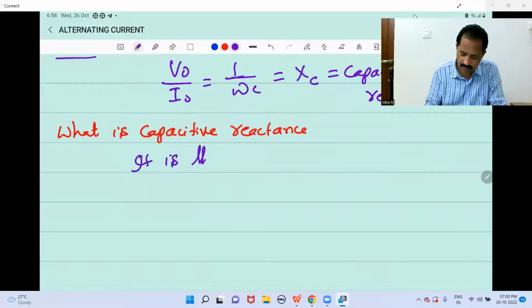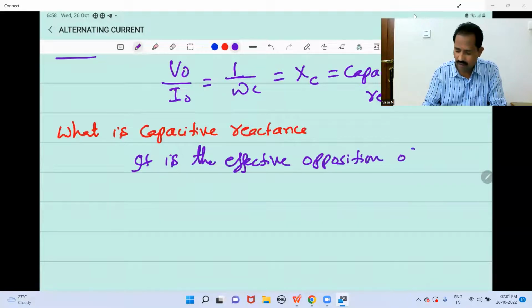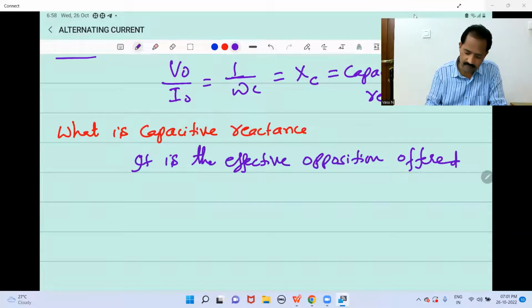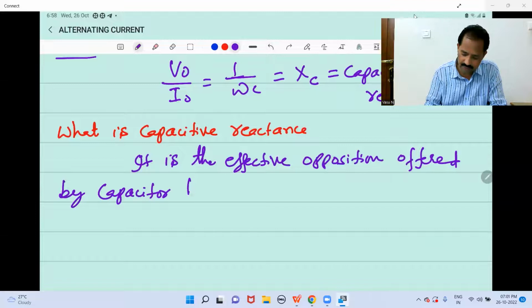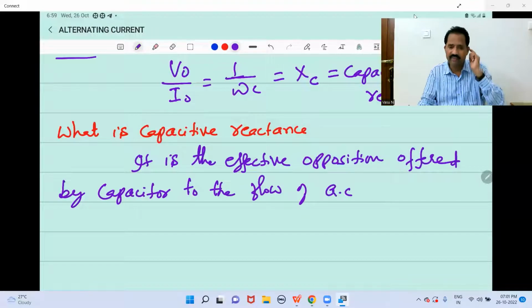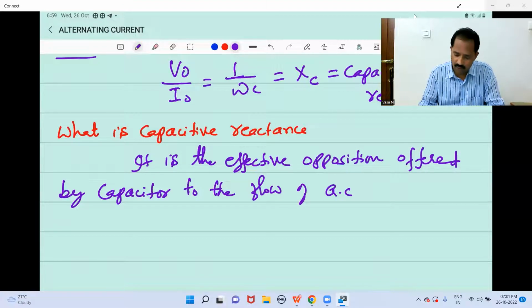It is the effective opposition offered by capacitor to the flow of AC.